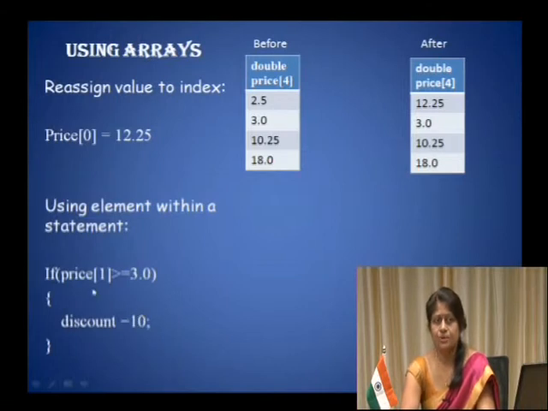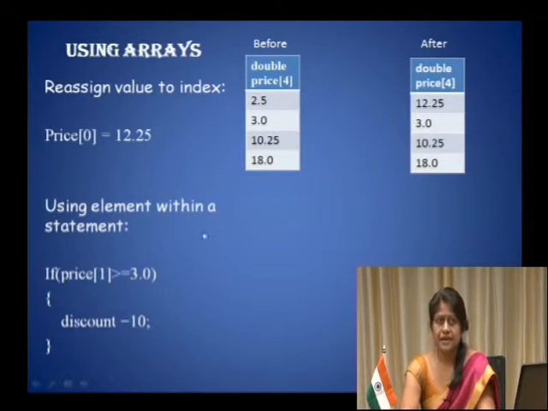So, as you see over here, if price of 1 is greater than or equal to 3.0. So, what are we talking about? We are talking about the second element of the array called price. So, price of 1 is nothing but the second element. So, we are trying to refer to this element of the array.